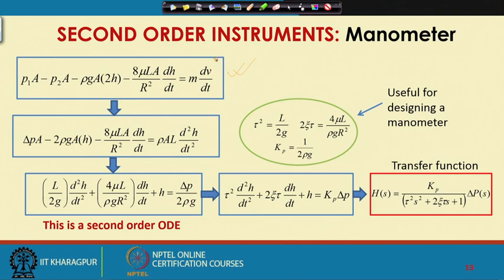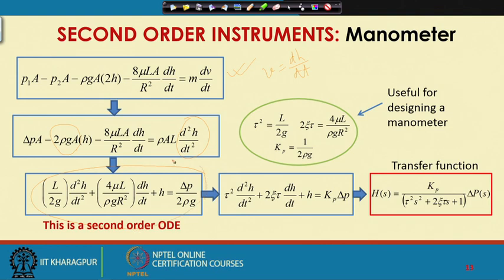Now, V is dH/dt, so dV/dt can be written as d2H/dt2. If we rearrange this equation, how do we rearrange? We divide this equation throughout by the coefficient of the 0th order term. If we do that, I will get this equation.